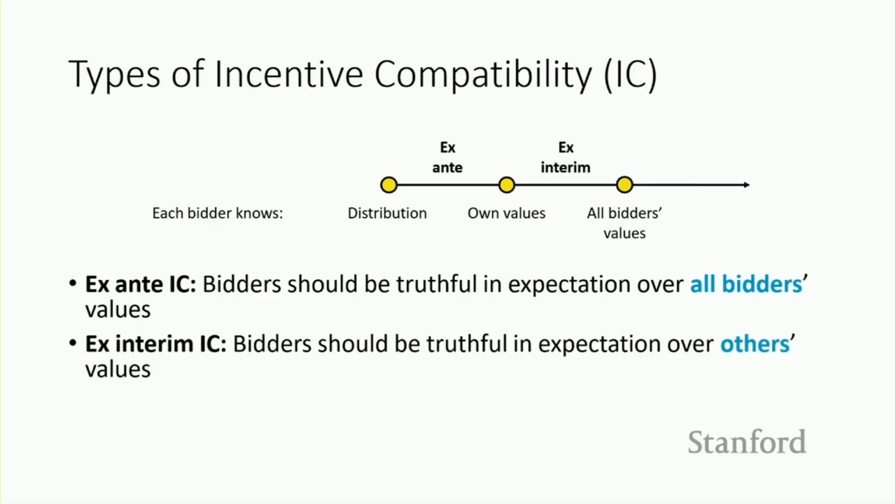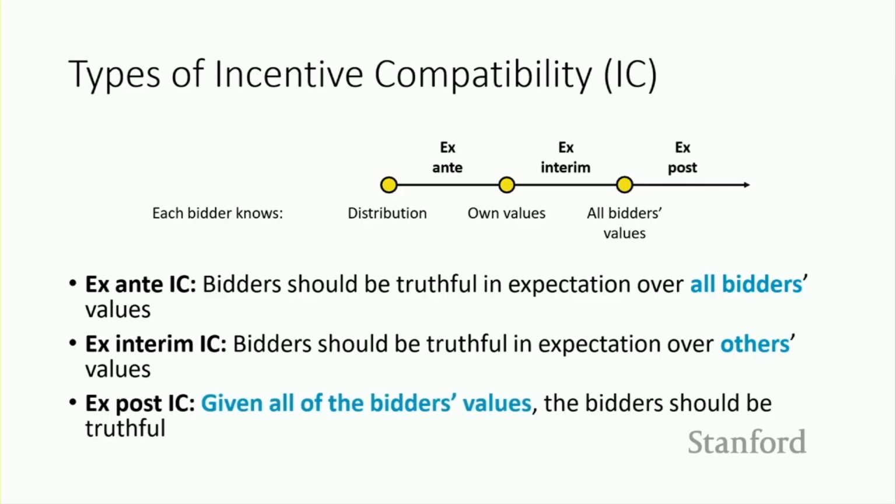A slightly stronger notion is called ex interim. Now bidders know their value and distributions over others' values. And you want, even in this setting, some notion of truthfulness to be the dominant strategy, the best thing to do to engage in this mechanism. That's called ex interim IC.